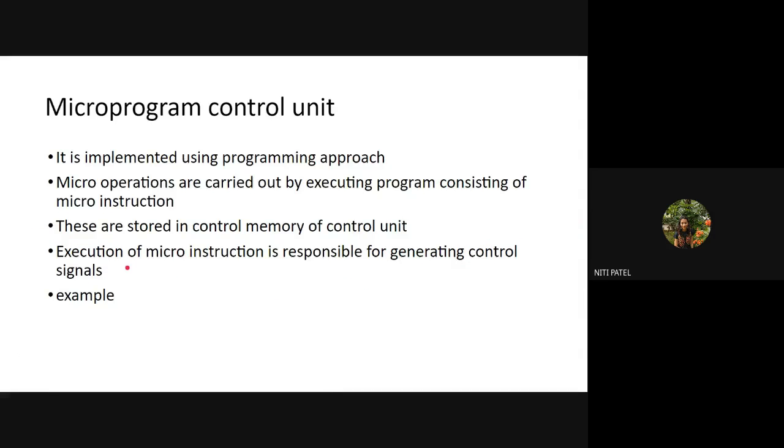If I have an instruction move A comma B, a control signal will be generated for this instruction. If I have an instruction add A comma B, again a signal will be generated. So if you have thousands of such instructions, thousands of control signals will be generated for those particular instructions.